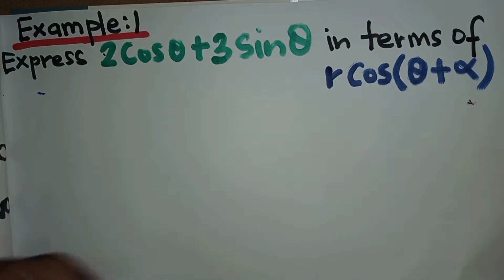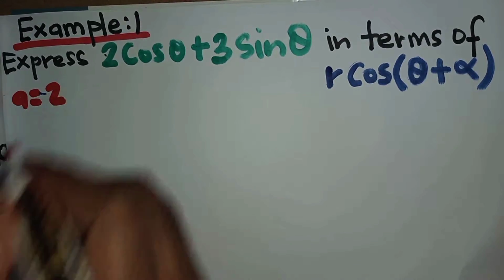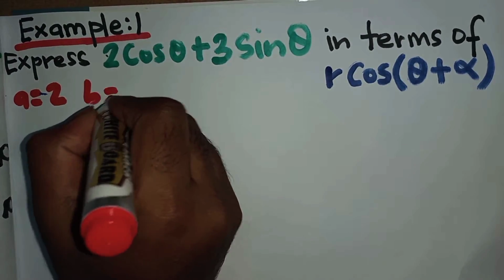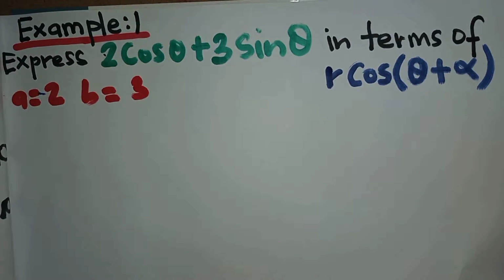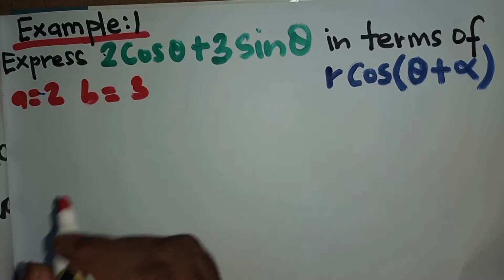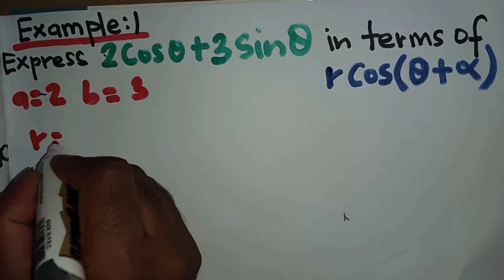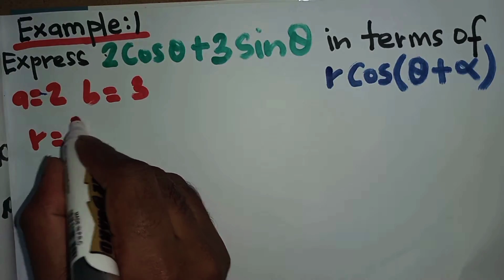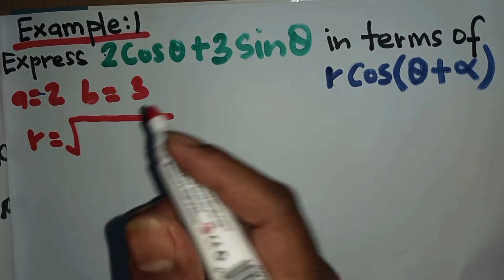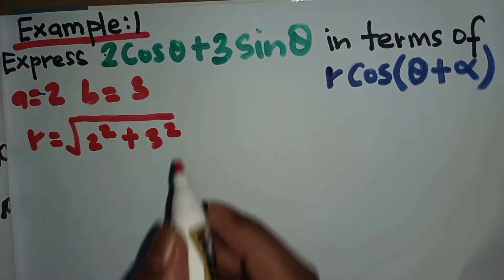The information that we are provided here is, we know the value of a, right? So the value of a here is equal to 2, and the value of b here is 3. a is coming from here, b is coming from here. Now you can find the value of r. So r is equal to the square root of 2 squared plus 3 squared.